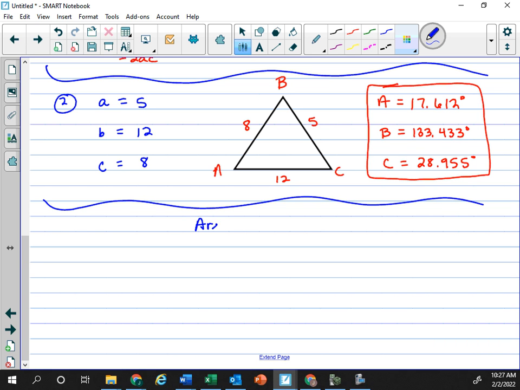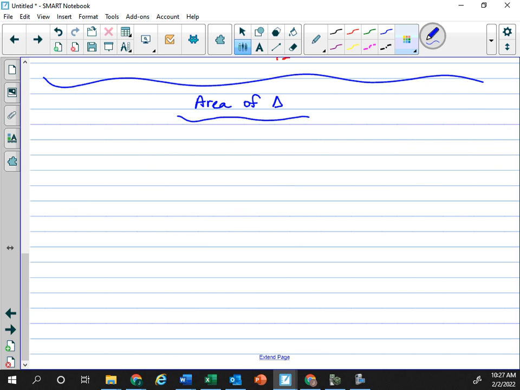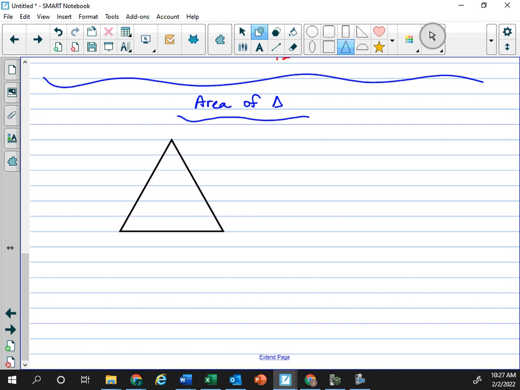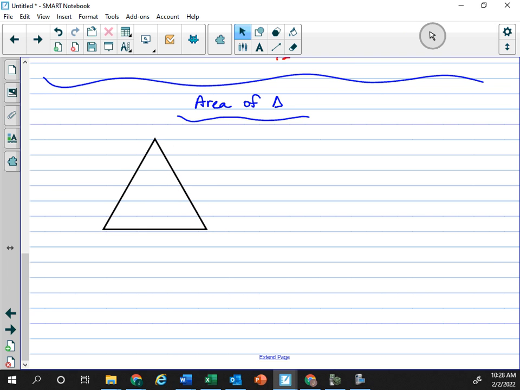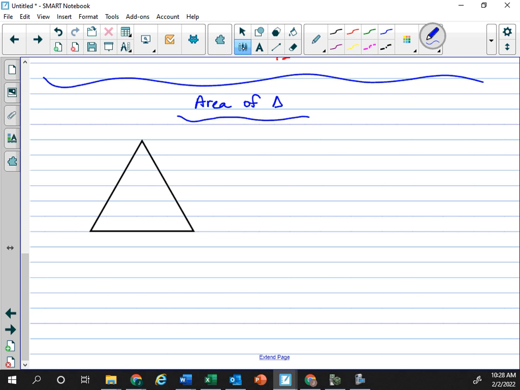So. Draw a triangle. I don't know why I switched my A and B, but I did.